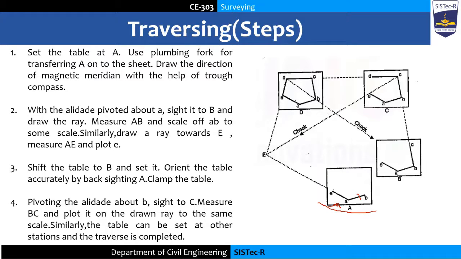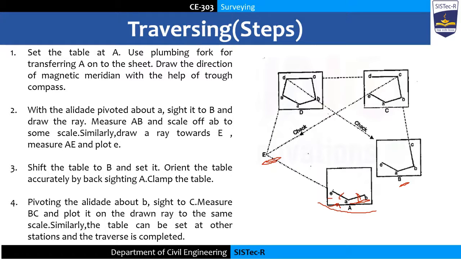I sight station B from A, draw the line, measure AB and draw small ab to the scale. Next I do the same for the previous station, that is E. I draw the length capital AE on the paper to the scale as small ae, and mark both these points, small e and small b.